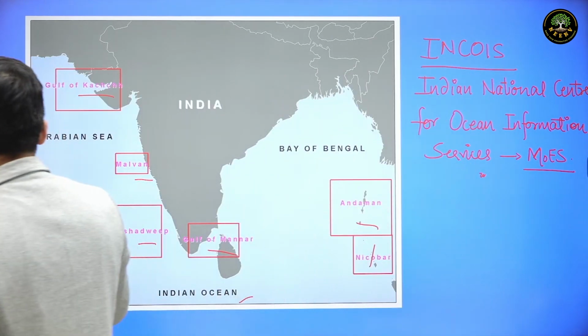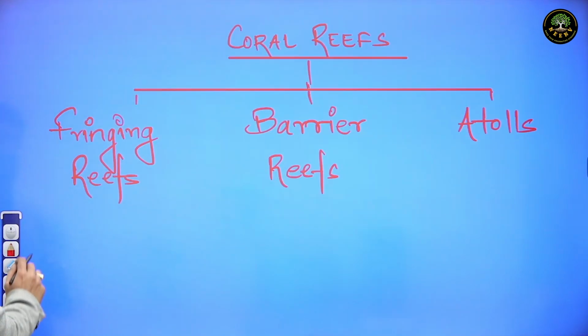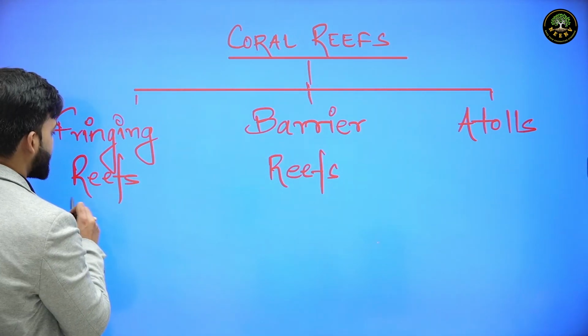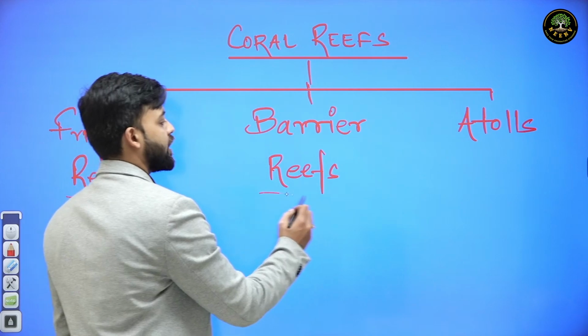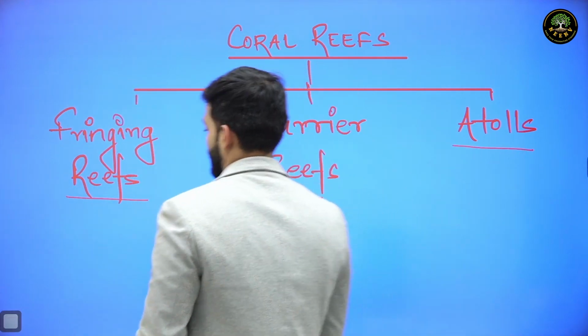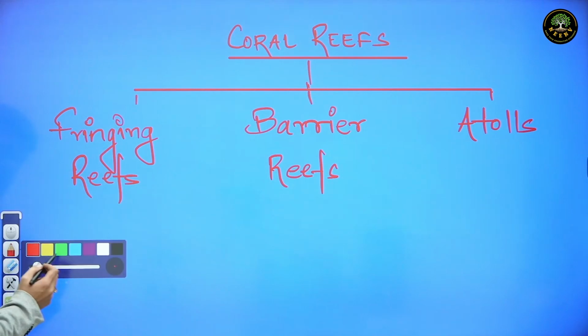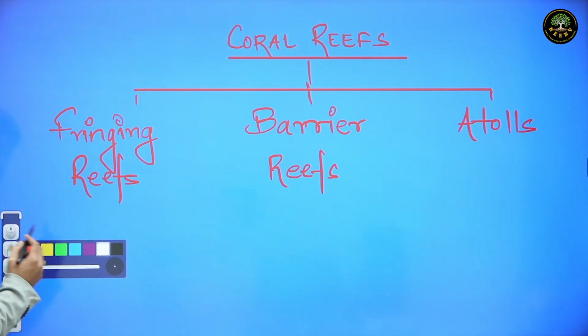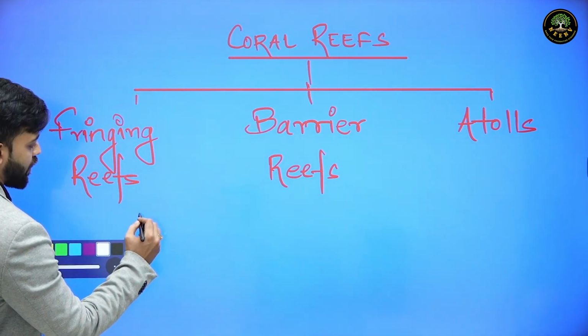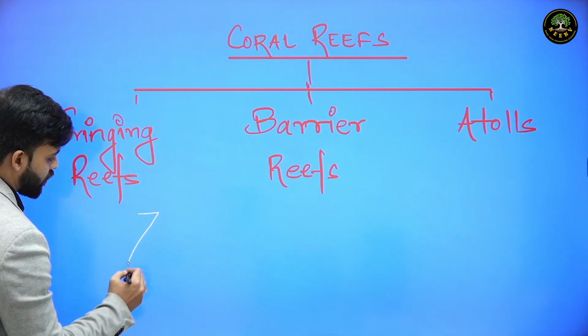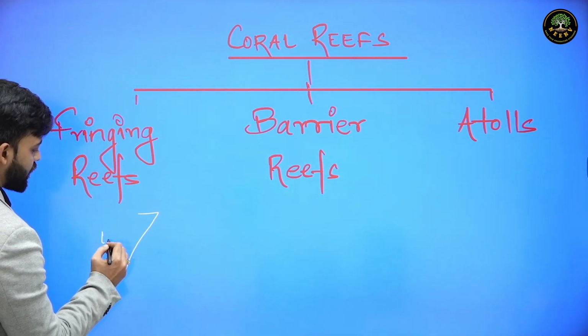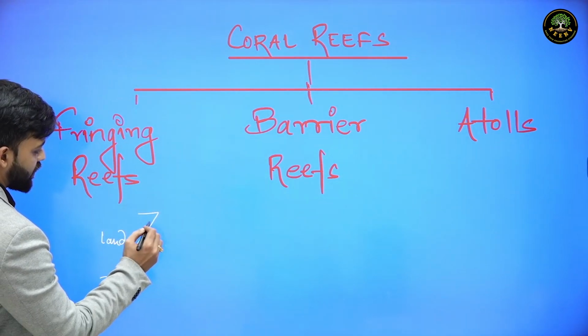Now, what are coral reefs? Coral reefs are basically divided into these three types, that is fringing reefs, barrier reefs and atolls. Fringing reef is formed in the fringes of the coast. Suppose this is land, this is the coastal area.